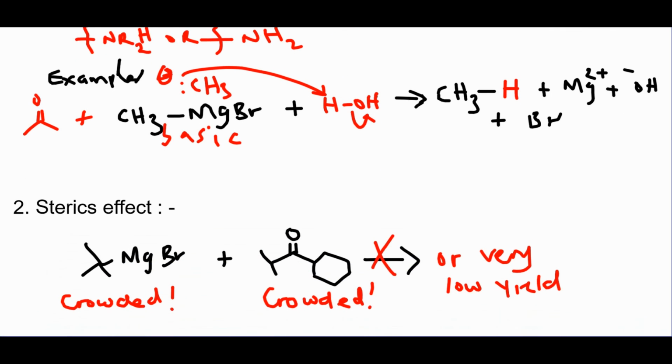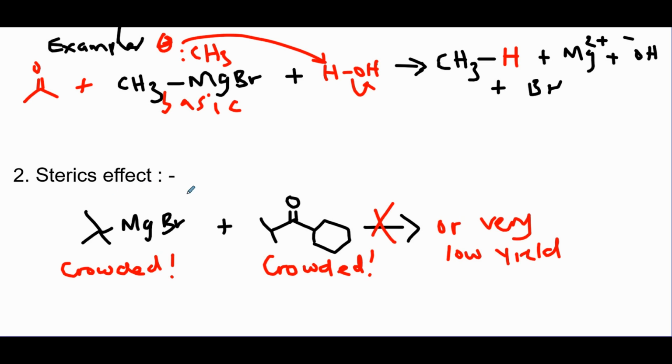Now, the other point is steric effects. If your Grignard is crowded, like this Grignard here, you have methyl, methyl, methyl, or alkyl group, alkyl group, alkyl group, it's so crowded, and also the carbonyl is crowded. So if you try to envision going in here to fetch the lone pair that I need to attack the carbonyl, it's not gonna work because the carbonyl is not accessible.